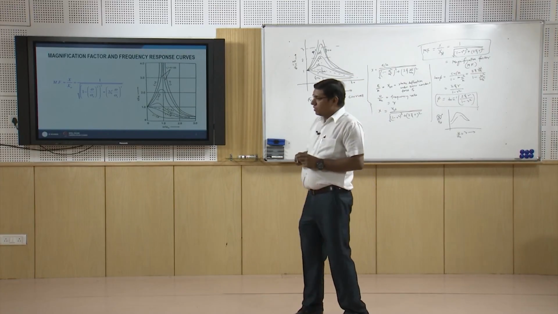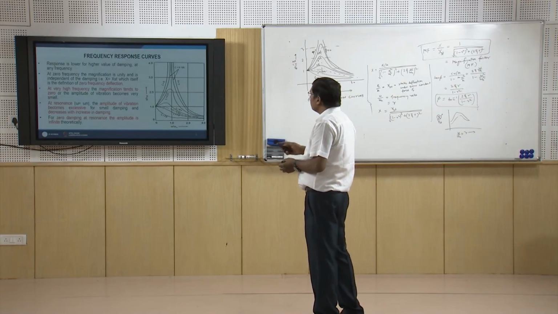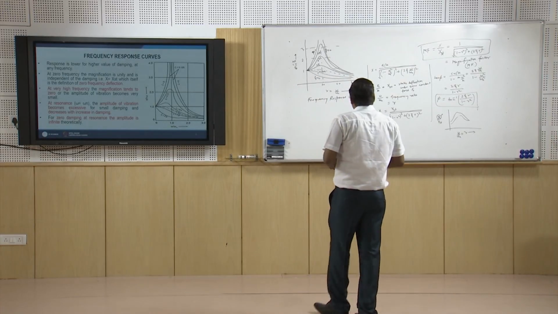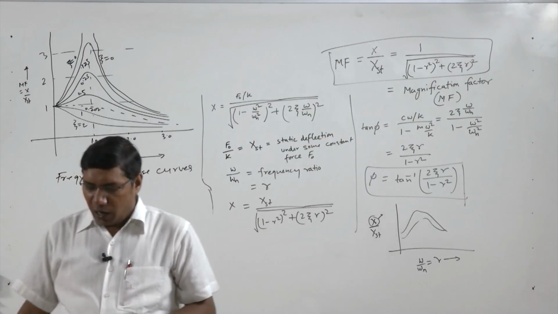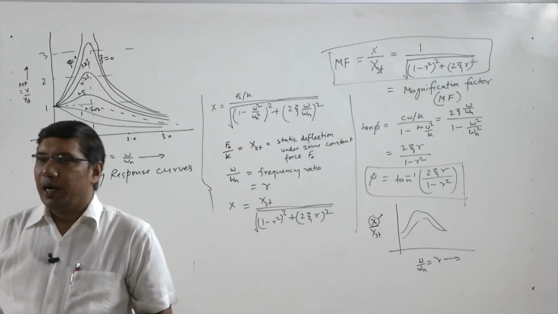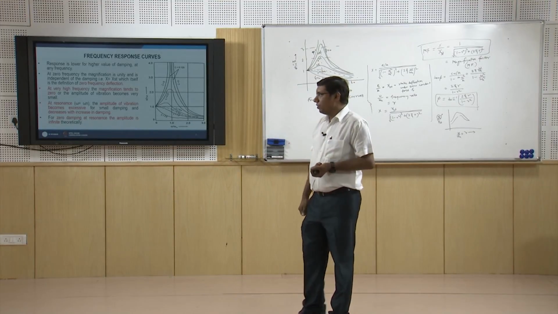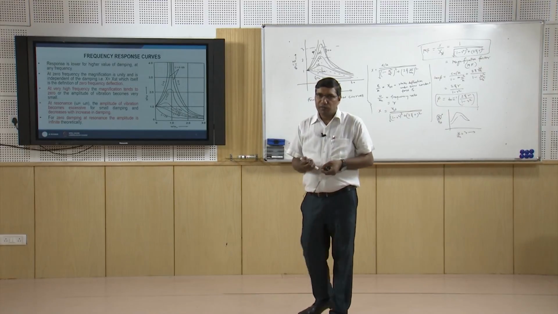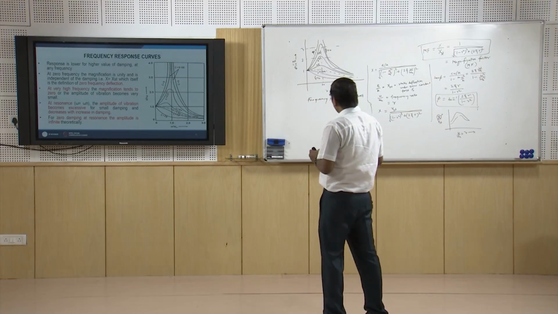Moreover, we can see that when we are near r equal to 1, or omega by omega n equal to 1, or our forcing frequency is equal to the natural frequency of the system, then the response is very high.